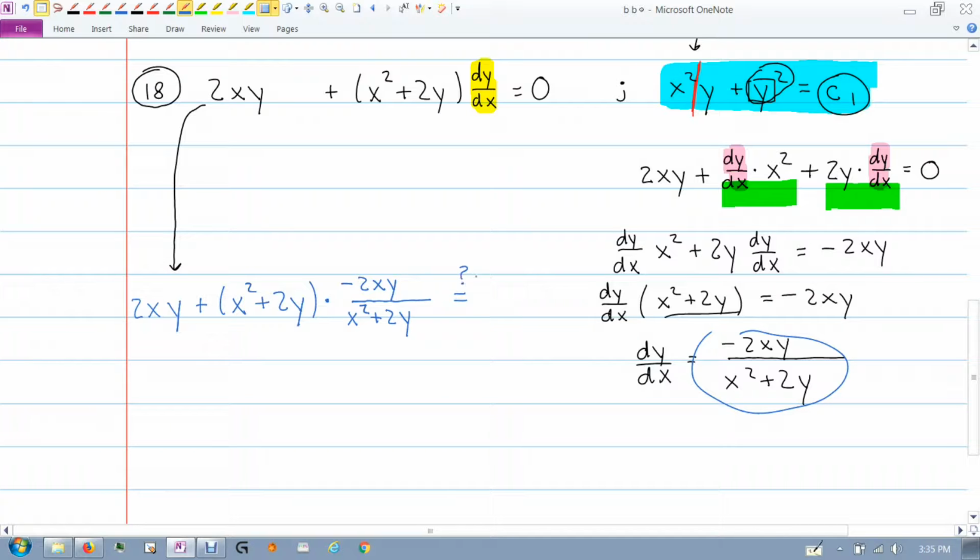Question is, does that equal 0? And check this out, the x squared plus 2y cancel here, which means we have 2xy and then plus, all that was left there was minus 2xy. Those cancel out, and we indeed get 0. So that worked out.